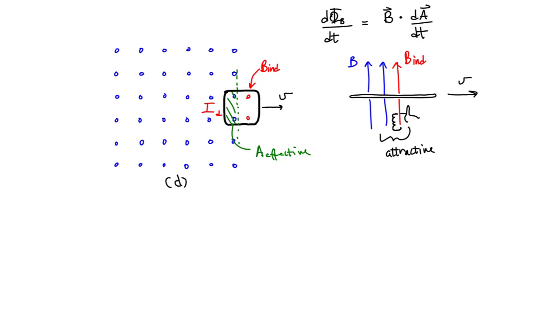Here are our fingers, and we're using the version of the right-hand rule in which we take the thumb of our right hand, put it in the direction of the magnetic field, take the fingers of our right hand and curl them, and the direction of the curl is the direction of the induced current. And in this case, we would see that the current would be counterclockwise if we were to view it from above. So that would be like this, a counterclockwise induced current.